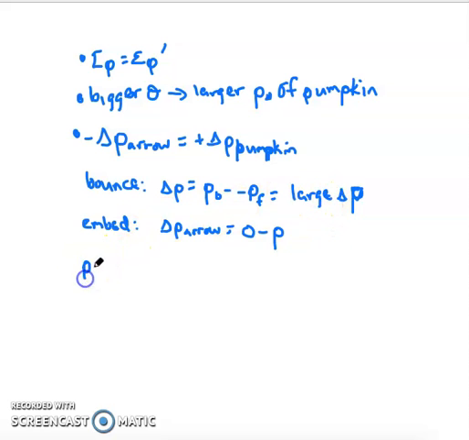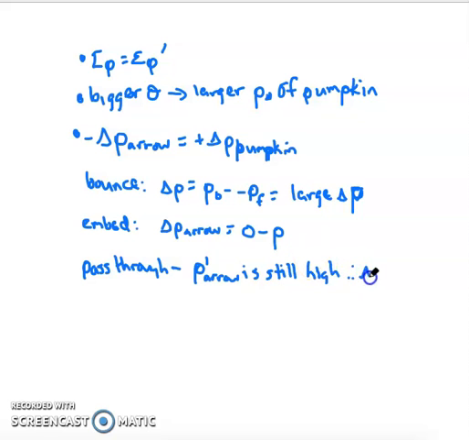And the one that passes through, you have to make some argument that the P prime of the arrow, that means after, is fairly large, is still high, something like that.